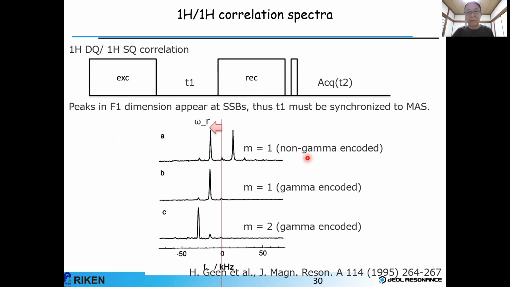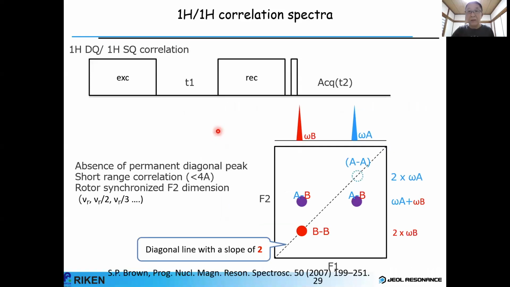In the case of non-gamma encoded sequences, these peaks appear at the positive and negative spinning sidebands. In the case of gamma encoded sequences, the peak only appears at one side of the spinning sideband. But anyway, this is the center of the peaks. In order to obtain this kind of standard spectrum, we have to synchronize the indirect dimension to the sample spinning.